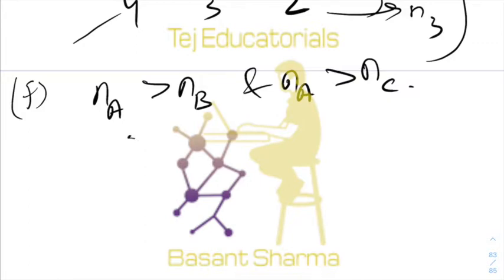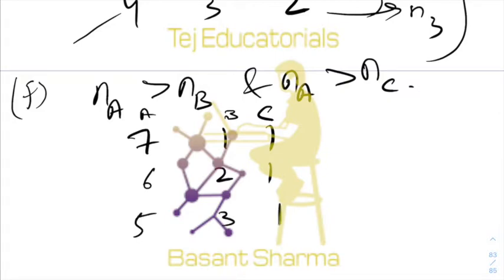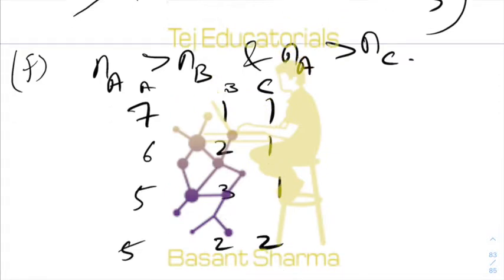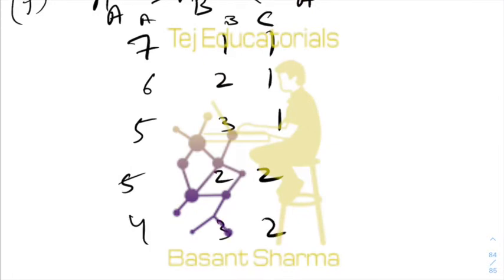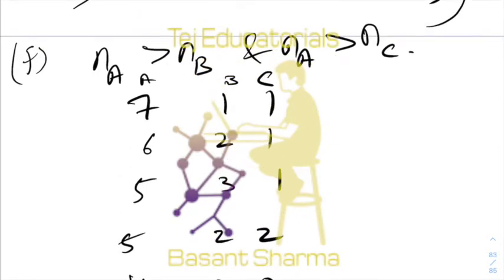One case is 7, 1, 1. Another is 6, 2, 1 for A, B, C. Then 6, 1, 2. Then there is 5, 3, 1, 5, 2, 2, 4, 3, 2.